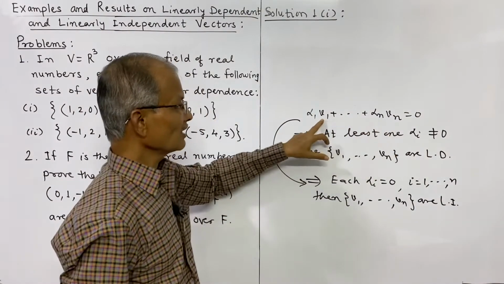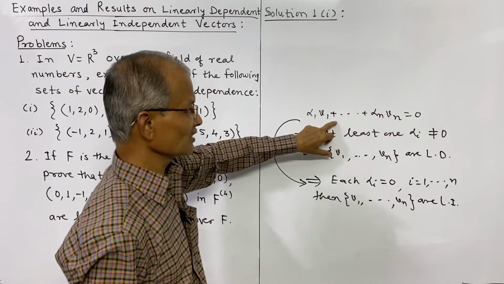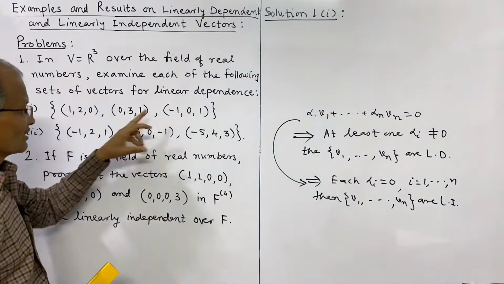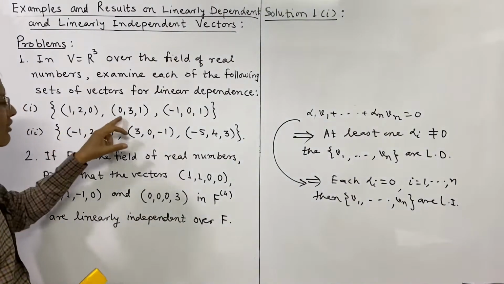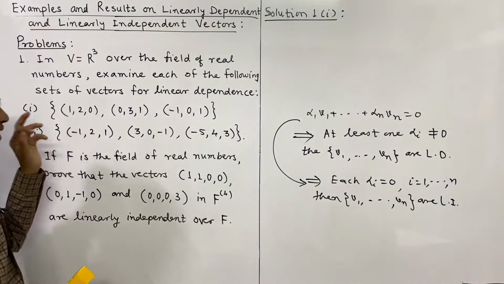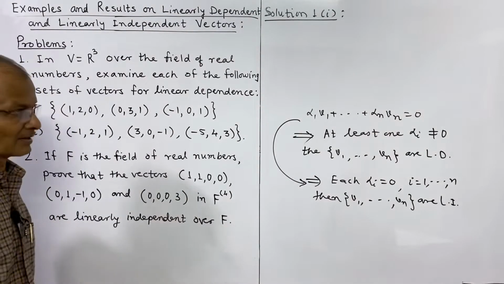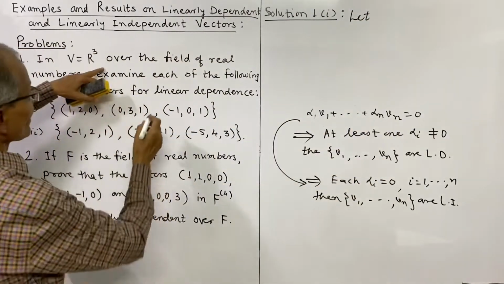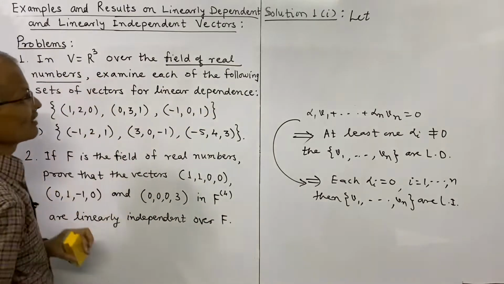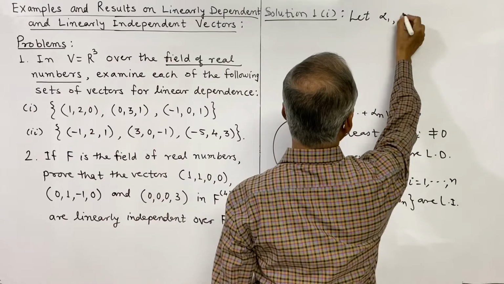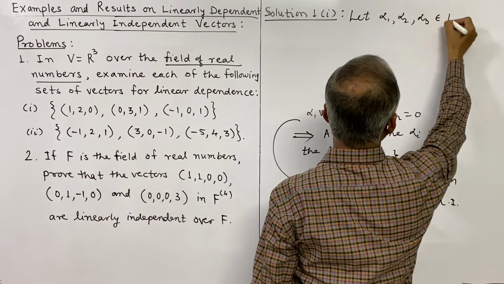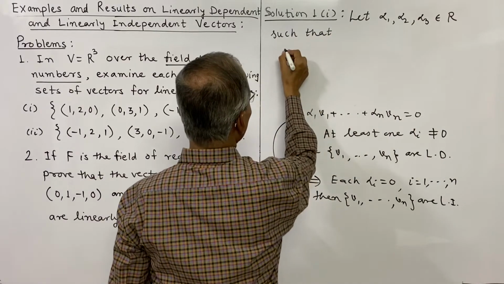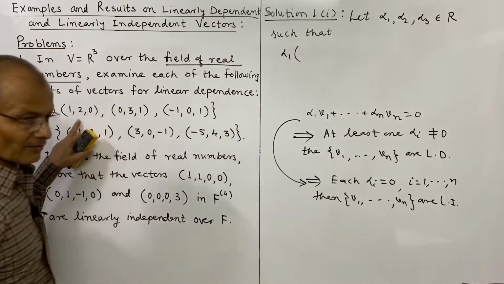this combination. These are n vectors and its linear combination is considered, but here we have v1, v2 and v3 in three dimensions. A triplet is there, and thus v1, v2, v3 are vectors in R3, and for that purpose we shall consider alpha 1, alpha 2, alpha 3, three scalars in R, the field of real numbers. So let alpha 1, alpha 2, alpha 3 belong to R such that alpha 1 v1, but what is v1? v1 is the first vector (1, 2, 0).